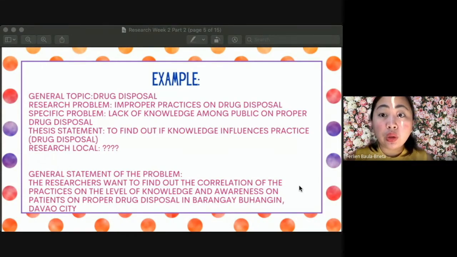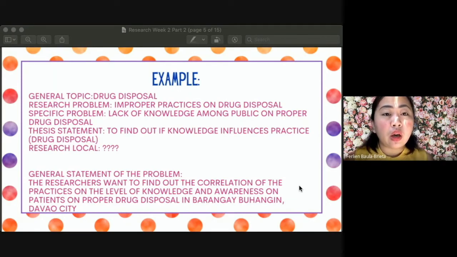You will do critical appraisal as I have mentioned a while ago. When you do critical appraisal, you will just look for things that are related to your research problem. So look for improper practices on drug disposal. That would limit from 200 articles down to 150 maybe. And then you specify your problem.